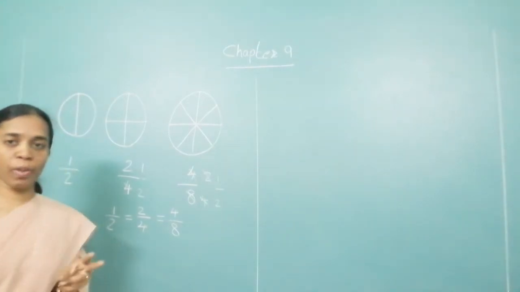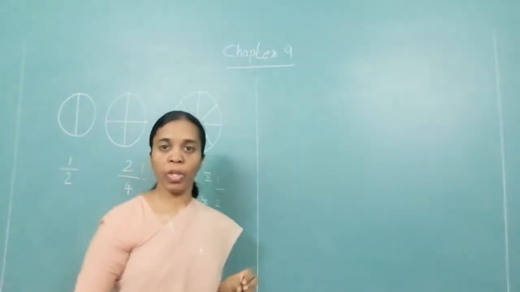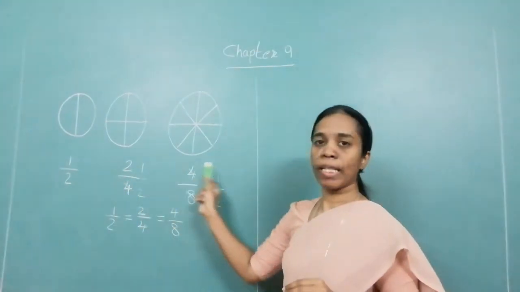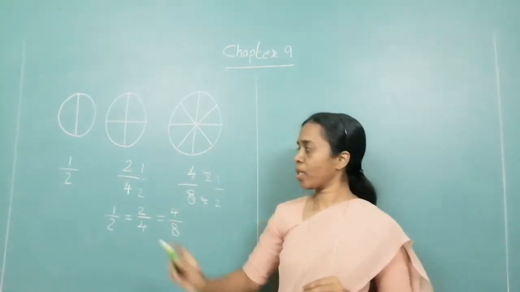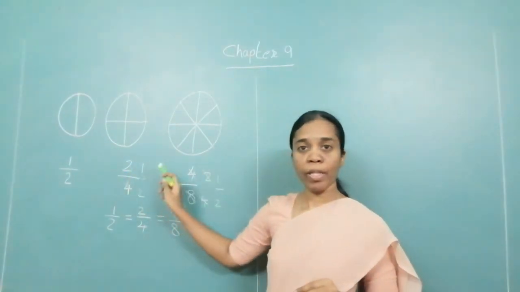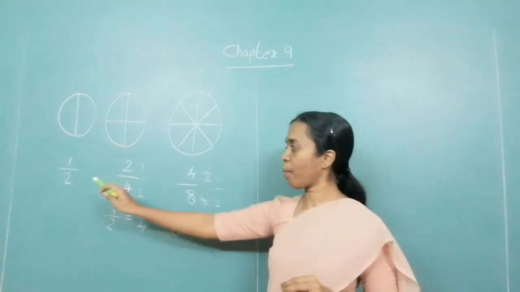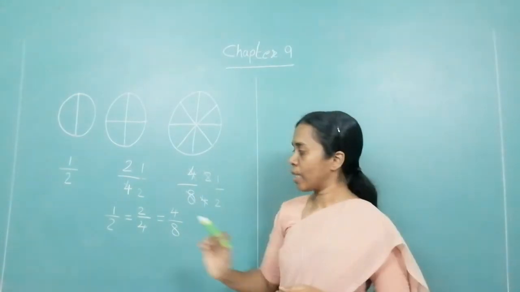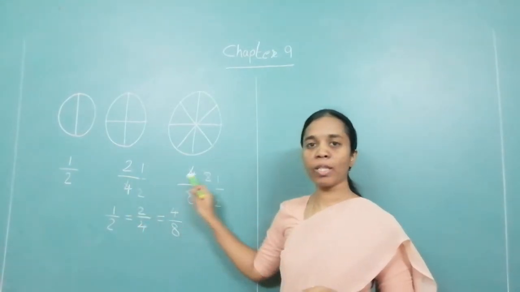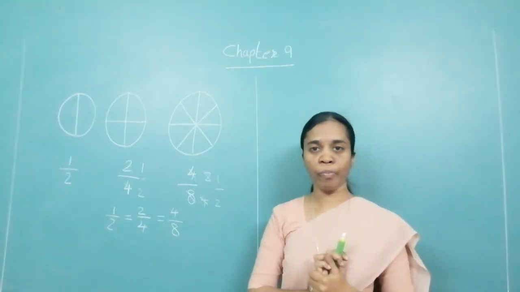What was the first point? First point I told you, as the numerator is increasing, the denominator also is increasing. That is, as the number of diameters is increasing, the number of parts created also increased. Second point, the ratio is constant throughout.